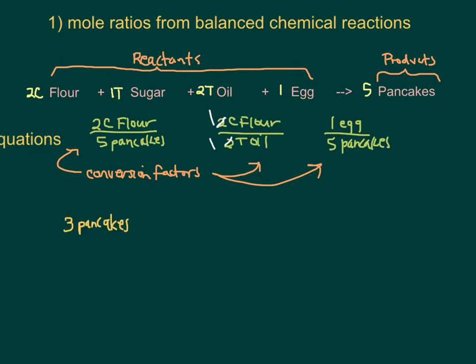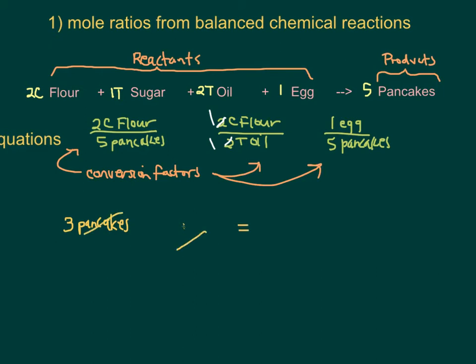So I could set up a little math equation. I want 3 pancakes. This is what I am given. I want to make 3 pancakes. And I know that according to my recipe, if I want to know how much flour that's going to take, it takes 2 cups of flour to make 5 pancakes. If I were to work out this equation, your pancakes cancel.